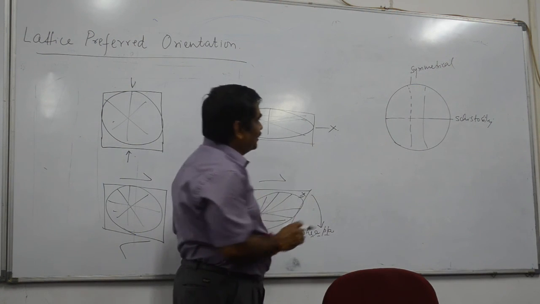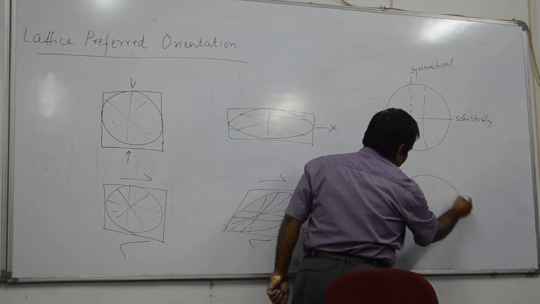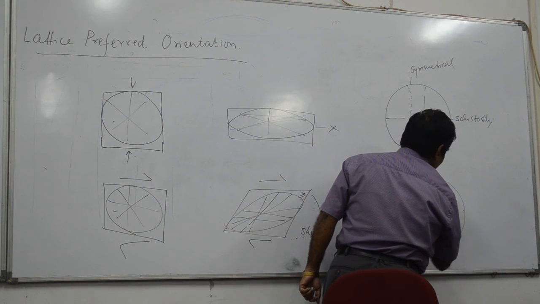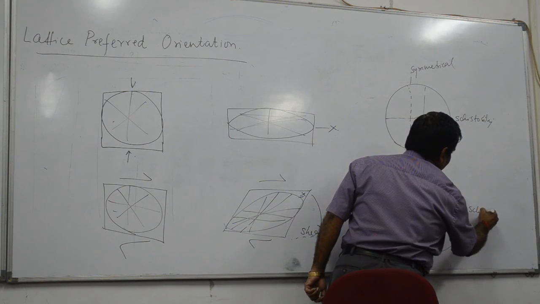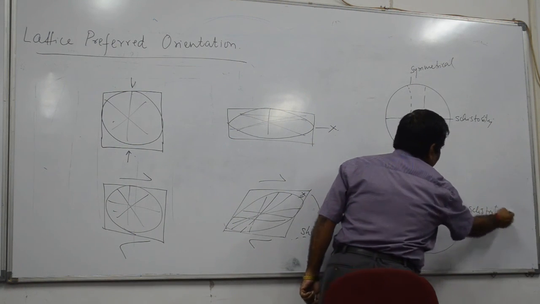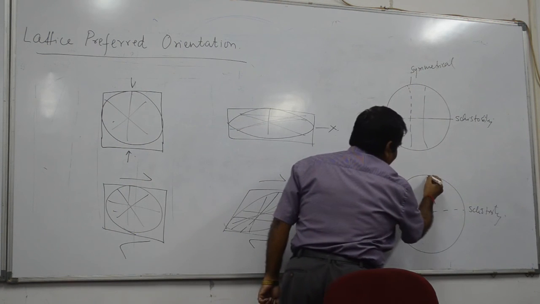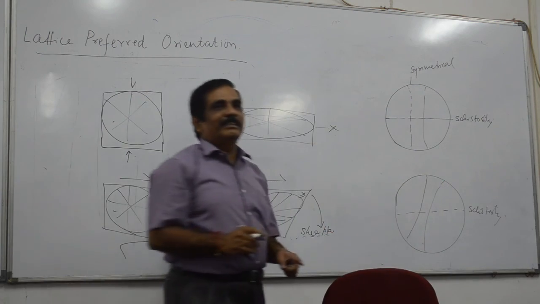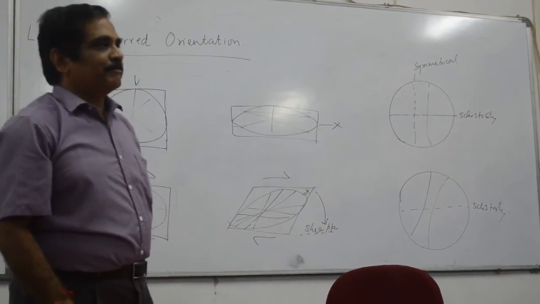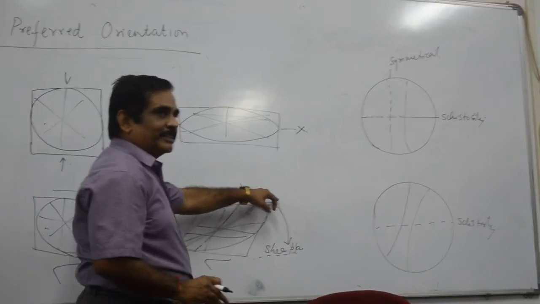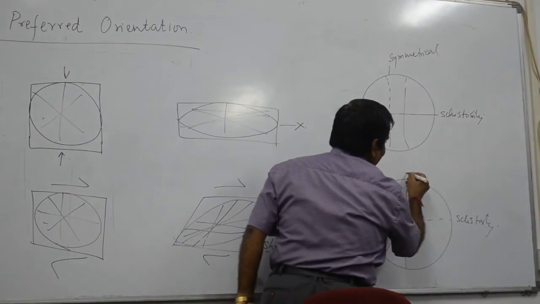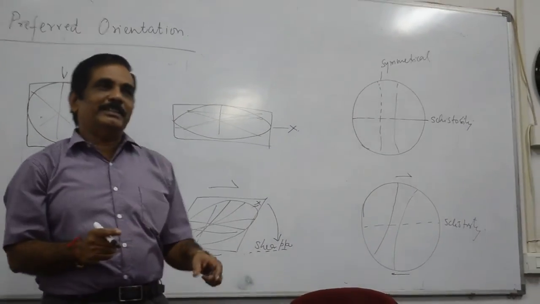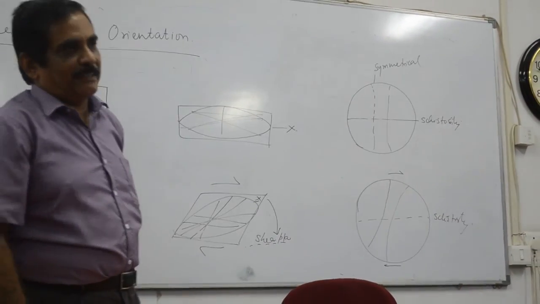But in this case, the rock is deformed by simple shear, but this girdle will be tilted in the direction of shear. This has gone that side, so this will also be tilted towards that side. So by observing an LPO also, you can say whether it is a simple shear or a pure shear.